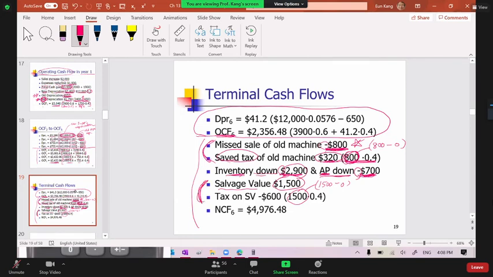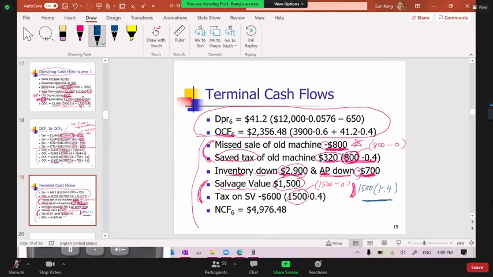To explain, I used this way, but maybe a better way is simply to do 1,500 times 1 minus 0.4, right? That is the after-tax salvage value.